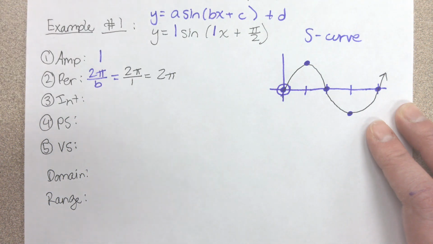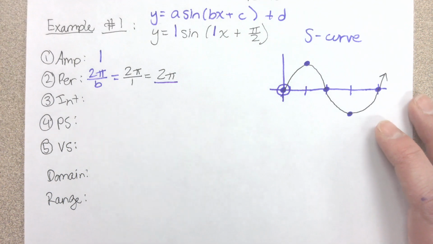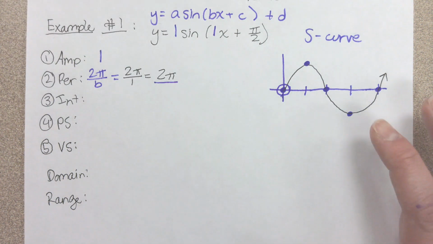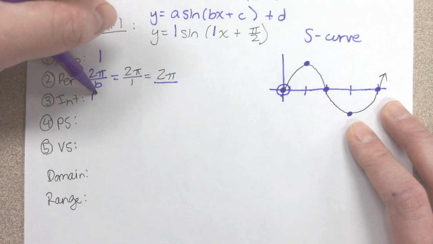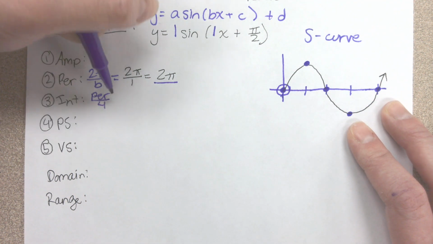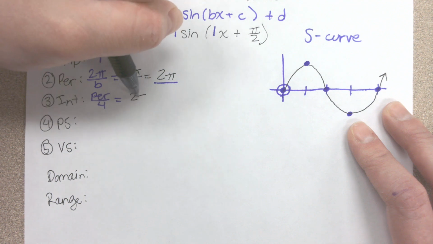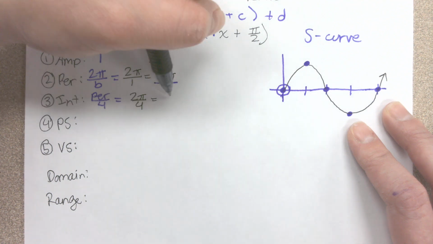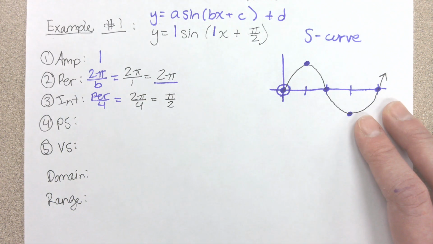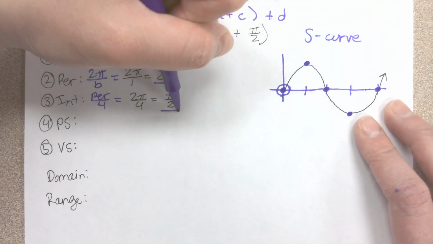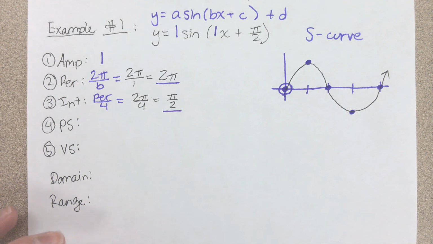So this would be considered the standard period, an unchanged period. Interval is the period over 4. Our period was 2 pi, so 2 pi over 4, which reduces to pi over 2. Again, that's the standard measurement for that.